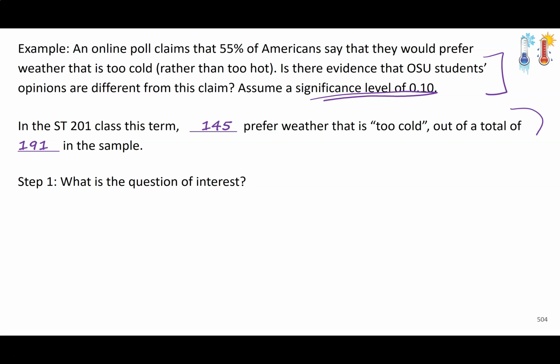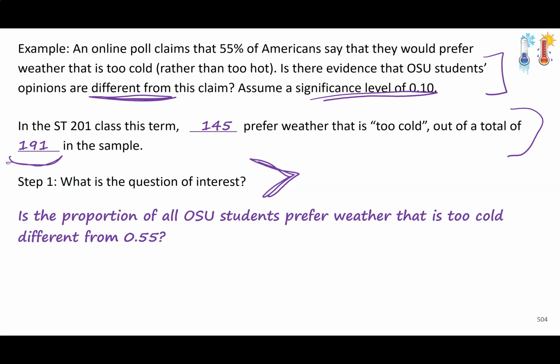So just to reiterate here, we had 145 folks prefer weather that's too cold out of 191 folks total in our sample. So what is my question of interest? For any sort of hypothesis test, it's going to be a yes or no type question. So is this, and then we're looking at different from.